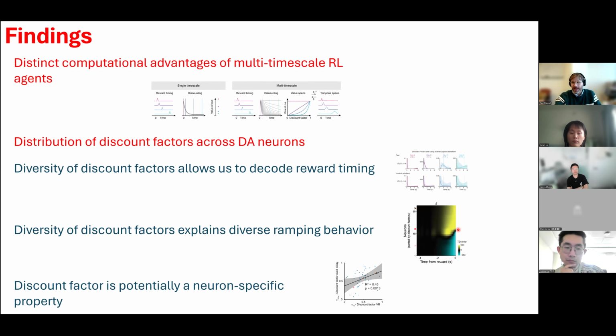It allows you to explain this very diverse ramping behavior. And importantly, at the end, there's this strong evidence that the discount factor is a neuron-specific property. And that means that a given neuron is always high or always low discount, which constrains a lot how you would implement these algorithms.